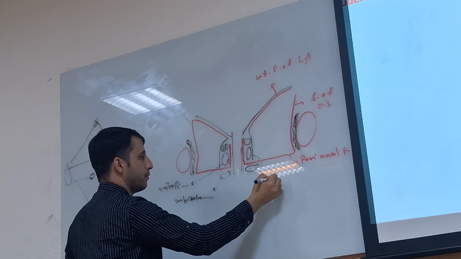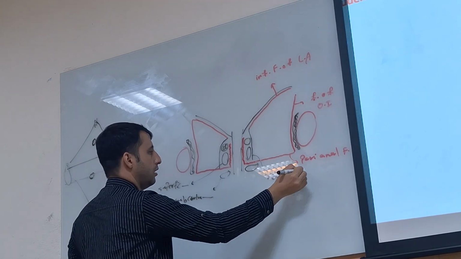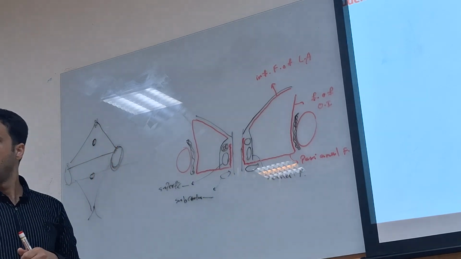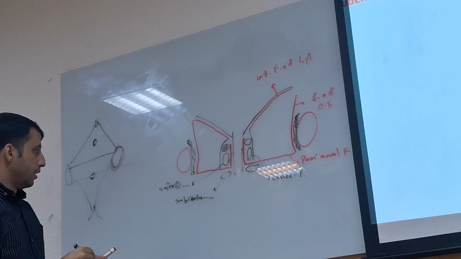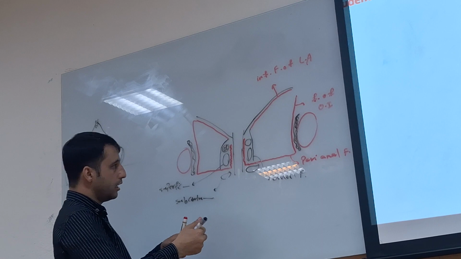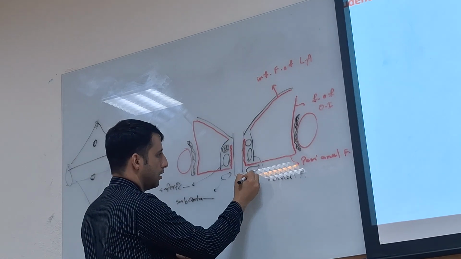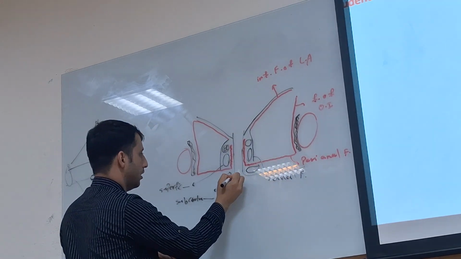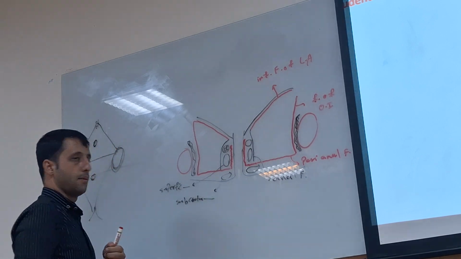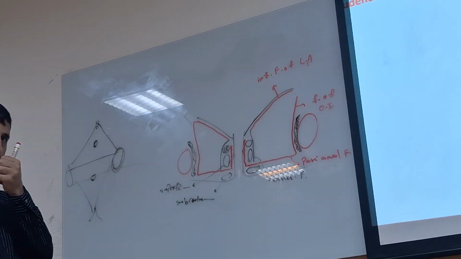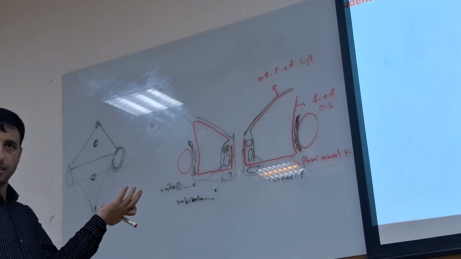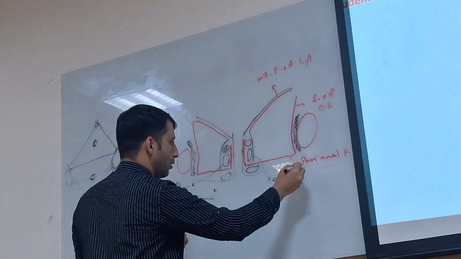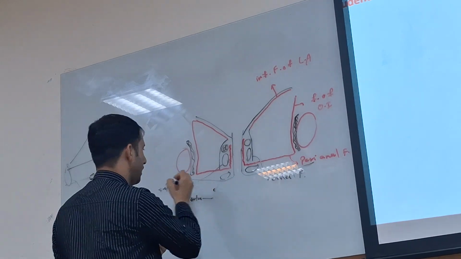Okay? So, what is this layer? Superficial anal fascia? Skin. Yes, it is a skin. Okay? So, it is a skin.